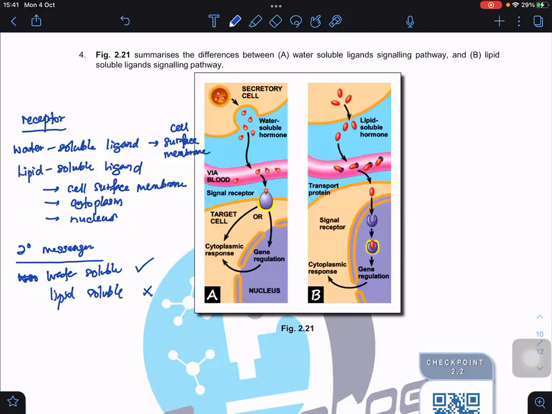Because the signaling molecule can directly diffuse through the surface membrane and then bind to a receptor. This receptor can be inside the nucleus, resulting in gene regulation or a cytoplasmic response. Just now you can see that you can have the cellular response straight away, or you can form a complex and have gene regulation. So the first arrow here, the highlighted one, is to activate the enzyme. This one is to activate the gene. Activate enzyme, activate genes. These are the two main differences.